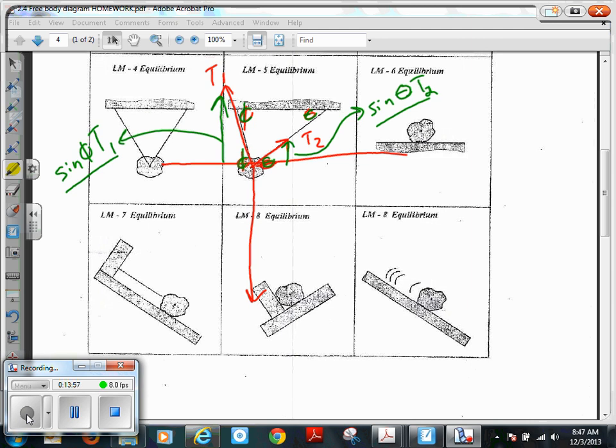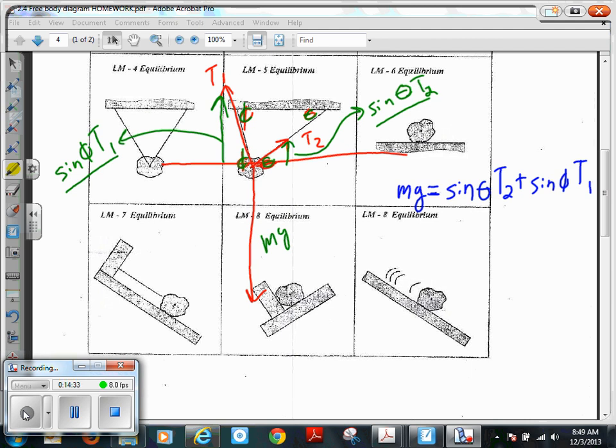Now, if you're gonna draw up a mathematical equation, you would say then mg, which is this, right? Mg. Now let me draw this a little bit easier to see. Let's say mg is equal to, but opposite in direction, sine theta T2 plus sine phi T1.